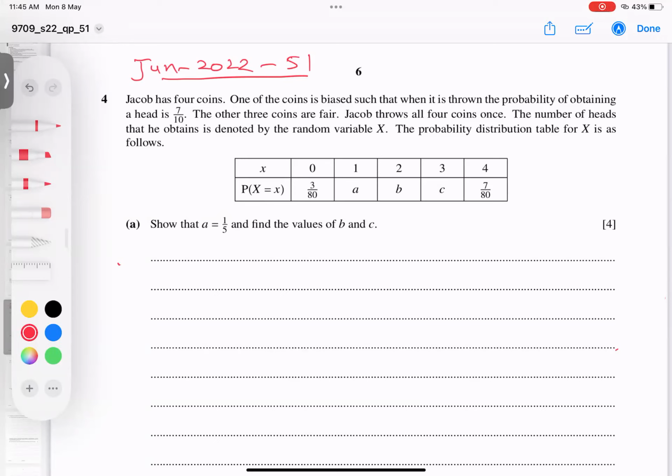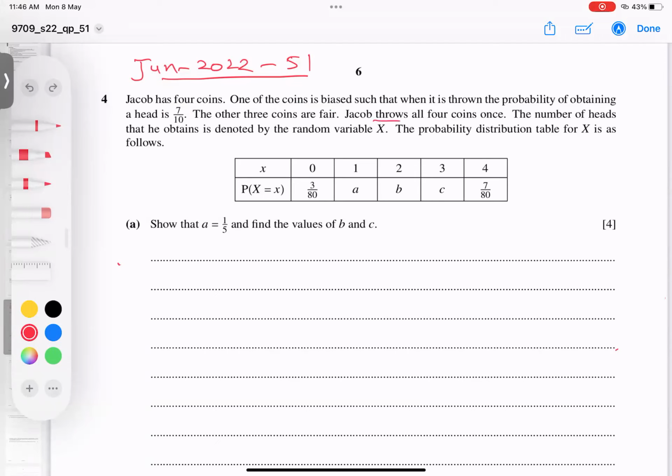The question is: Jacob has 4 coins. One coin is biased, and the probability of obtaining a head is 7 by 10. So it's biased, and the chance of getting a head is 7 by 10, and the other 3 coins are fair.